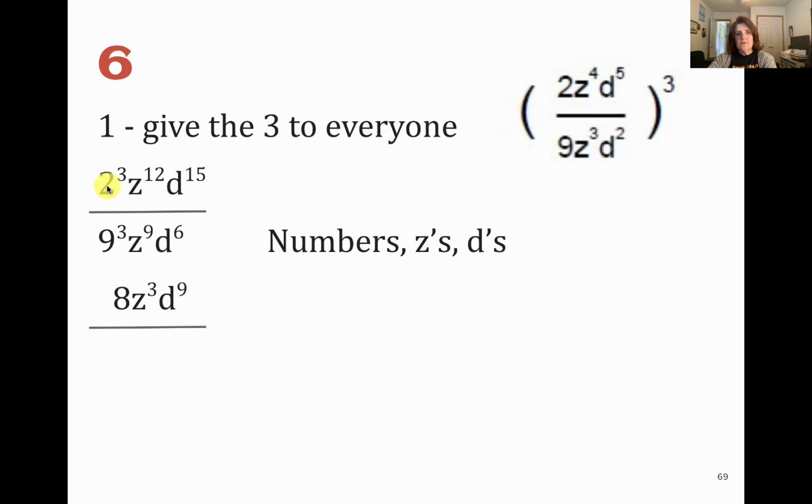The top is still 8. 2 cubed is 8. And the bottom, 9 cubed is 729. You have 12z on the top, 9z on the bottom, leaving you with 3z on the top. 15d on the top, 6d on the bottom, leaves you with 9d on the top.